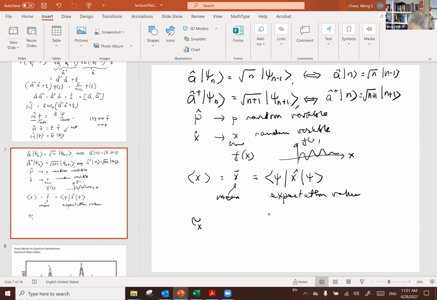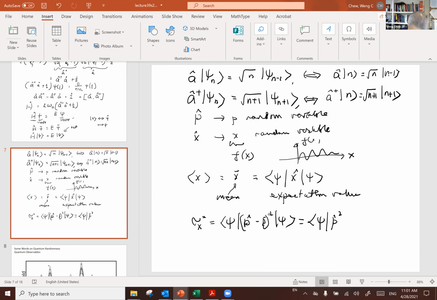You can also find the variance of x, which is given by psi, p hat minus p average, squared. And then you can actually work this out quite easily. And this would be the same as taking the expectation value of p hat squared.